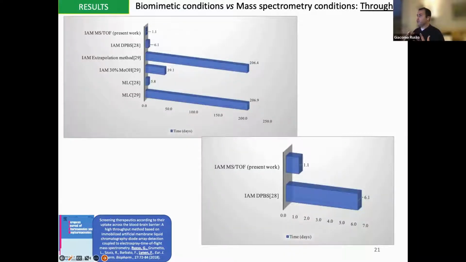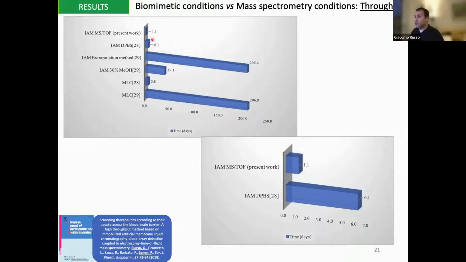But let's look at the throughput point of view now, because we did all this essentially to increase the throughput of the technique. Well, we managed to screen our data set, so nearly 80 compounds in triplicate, in only 1.1 day, okay? Which is way less than the previous work I've shown you before, in which 6.1 days were needed.